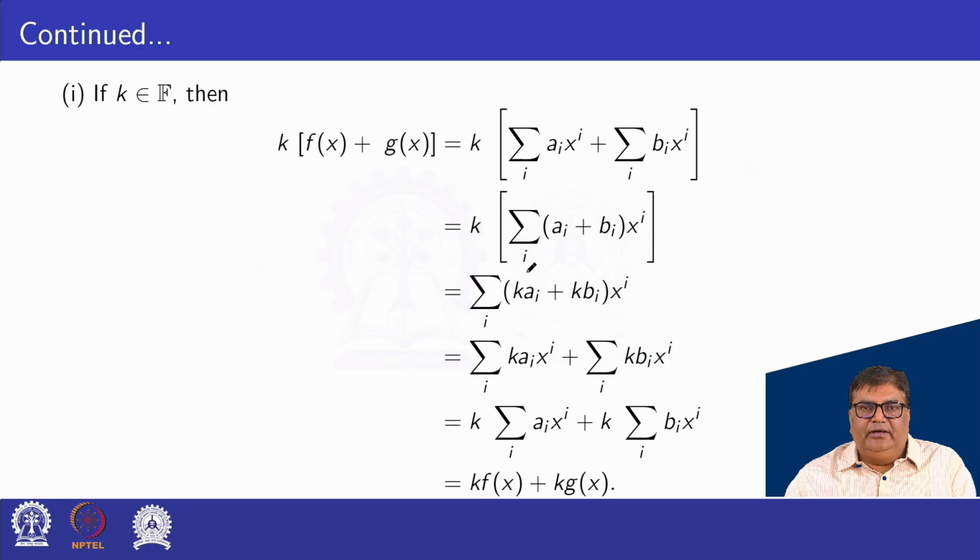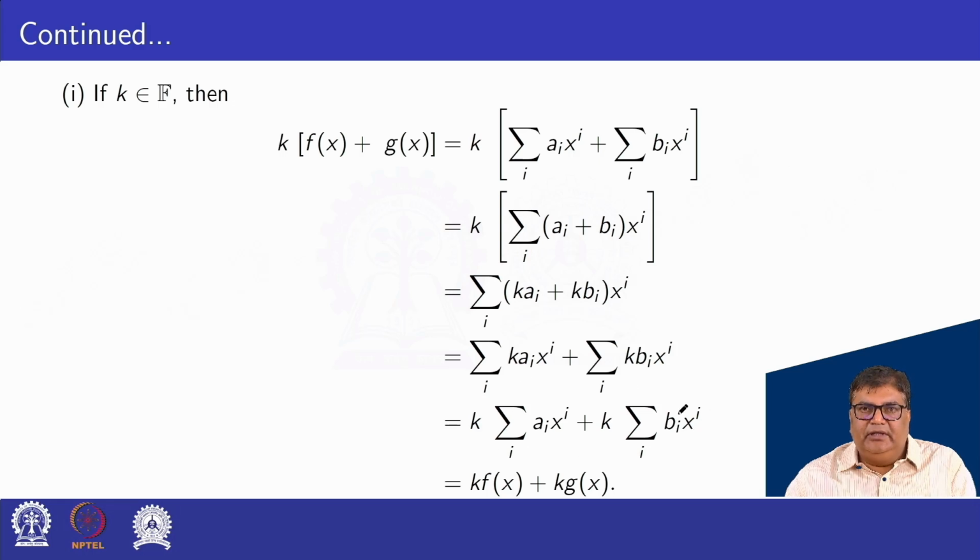Hence we can write this as the summation of k a_i x^i plus the summation of k b_i x^i. Since k is a scalar, we can write k outside both summations: k times the summation of a_i x^i plus k times the summation of b_i x^i.